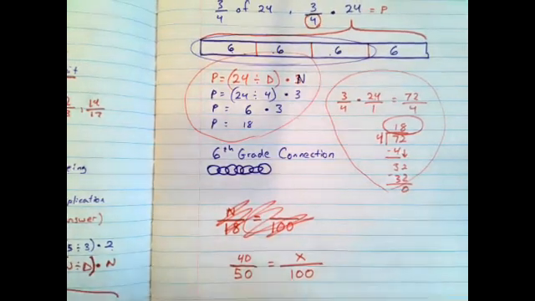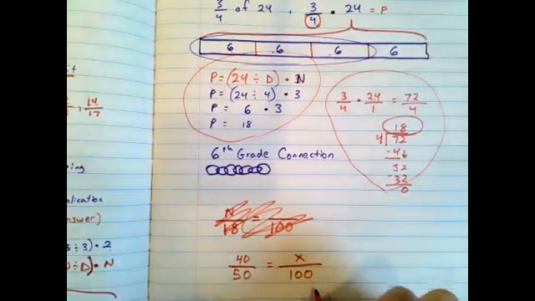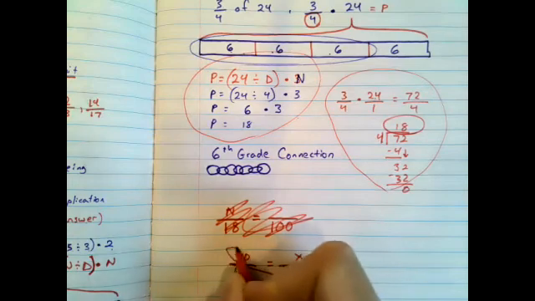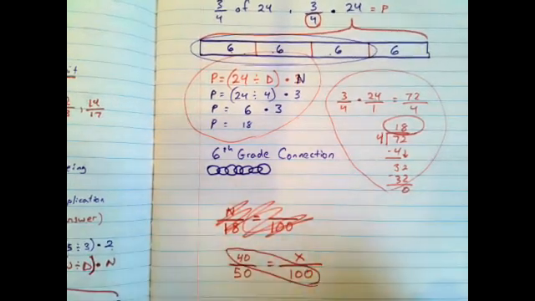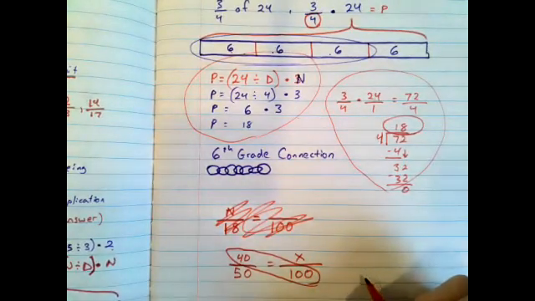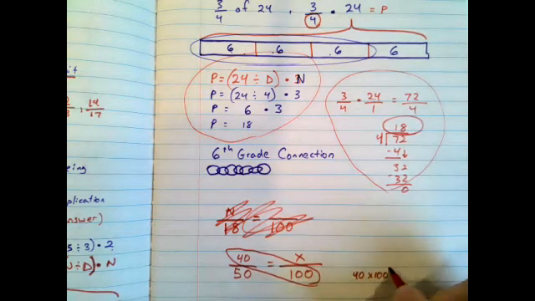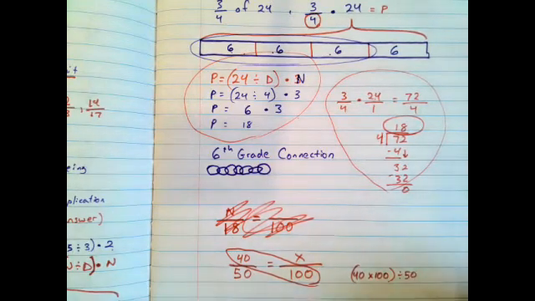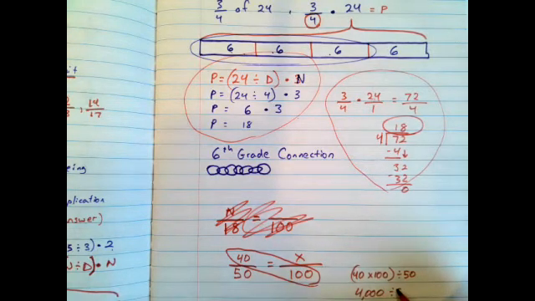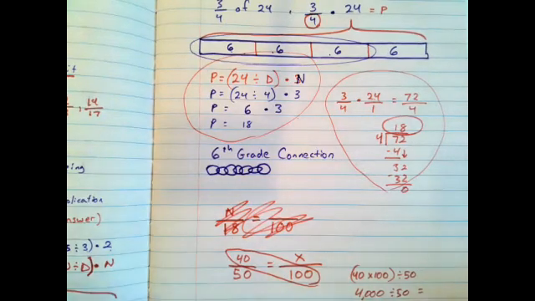Now, proportional relationship, we do this. We cross multiply and we divide. So we could say 40 times 100 divided by 50. 40 times 100 is 4,000. Then we divide by 50.